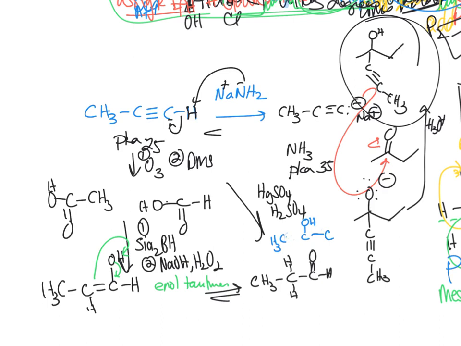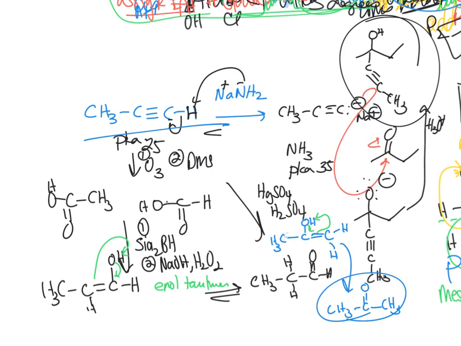So you get the internal carbon. And then when you do your enol tautomerization, you get a ketone instead of an aldehyde. Okay, so alkynes can go to ketones or aldehydes here.